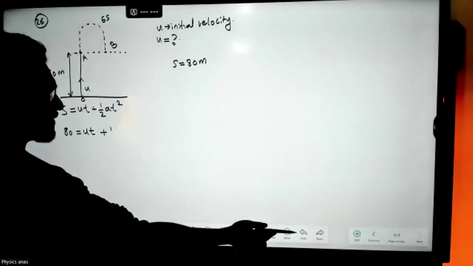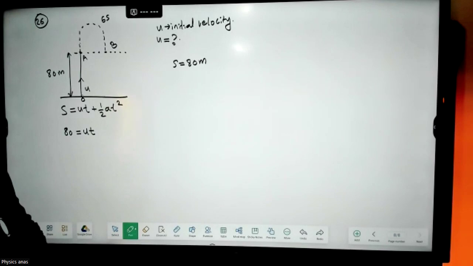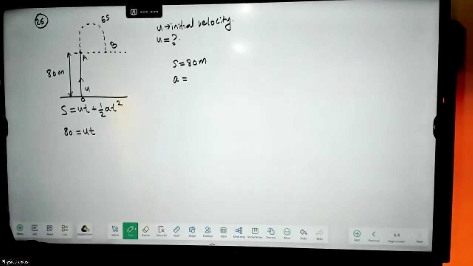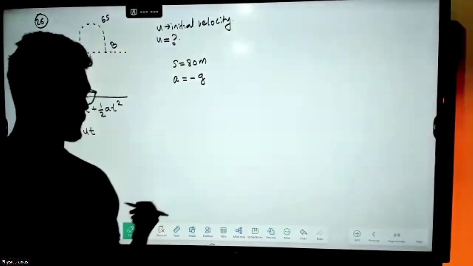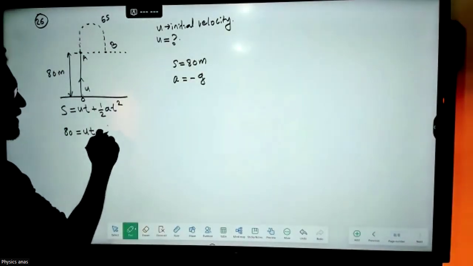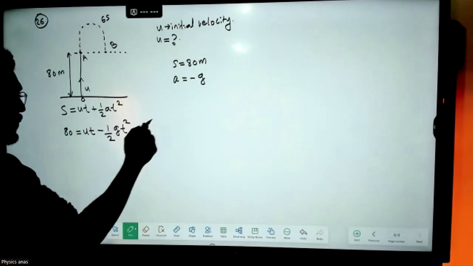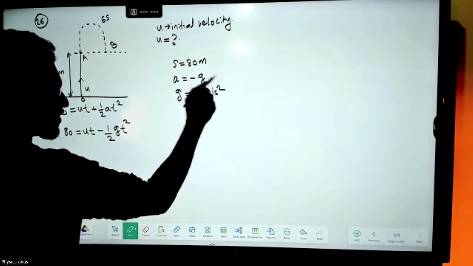What is a? This is upward motion. We have taken velocity as positive. If the velocity is positive, acceleration is always towards the earth, so acceleration is minus g. So it is minus half g t square. You can take the value of g as 10 meters per second square, no problem.